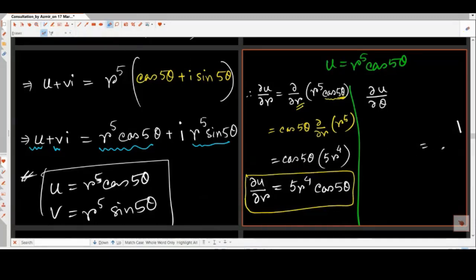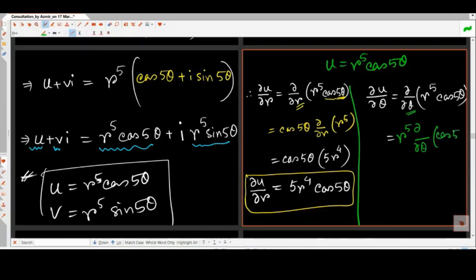Let's similarly find du d theta. Here we are going to differentiate in terms of theta. The function is the same, r to the 5 cosine 5 theta. That means r will be constant and therefore r to the 5 is also constant, so it can be pulled out. So r to the 5 times d d theta of cosine 5 theta.